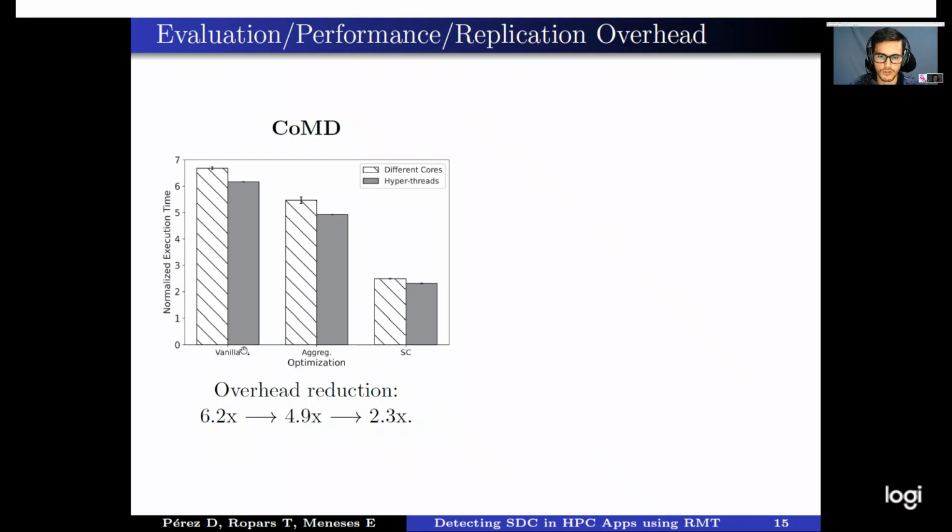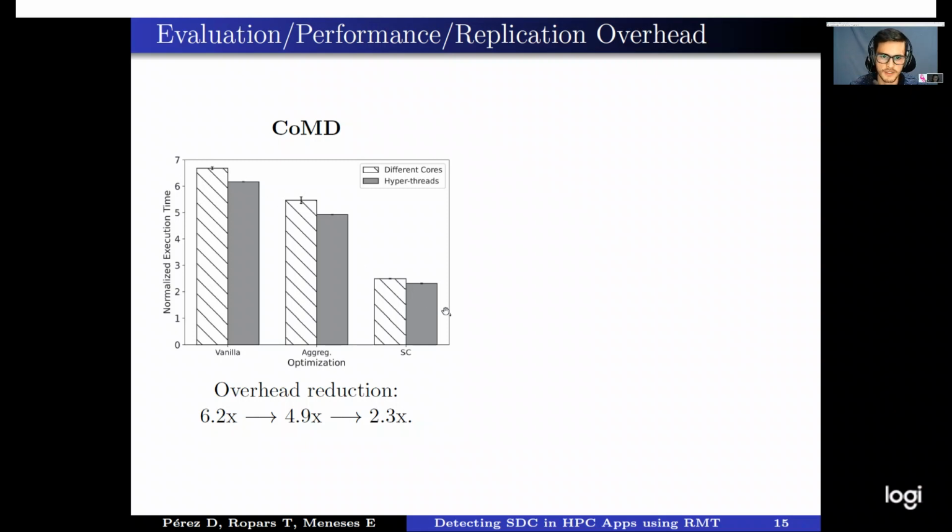These groups represent the level of optimization applied. Vanilla is no optimization. The second one is aggregation, and the third one is selective checking. And each one of these bars within each group represents whether we pin the sibling replicated threads to different cores or if we pin them to hyperthreads, to the same physical core.